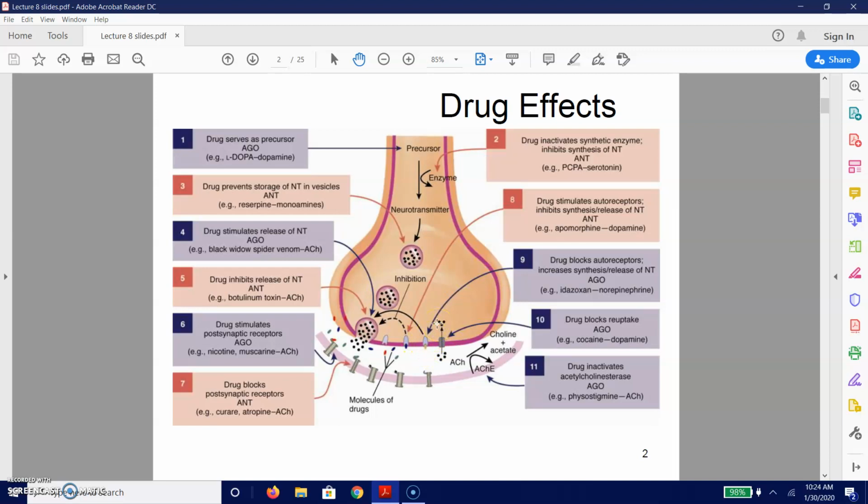Now, you won't need to know this for the test. Autoreceptors basically keep track of how much neurotransmitter is being released. And if they're stimulated, they can actually cut production of that neurotransmitter so that less gets released. If we block that autoreceptor, that will increase the release of neurotransmitter. As such, it's an agonist.